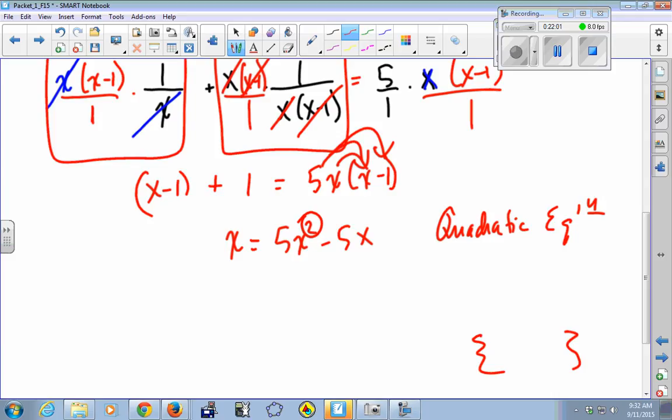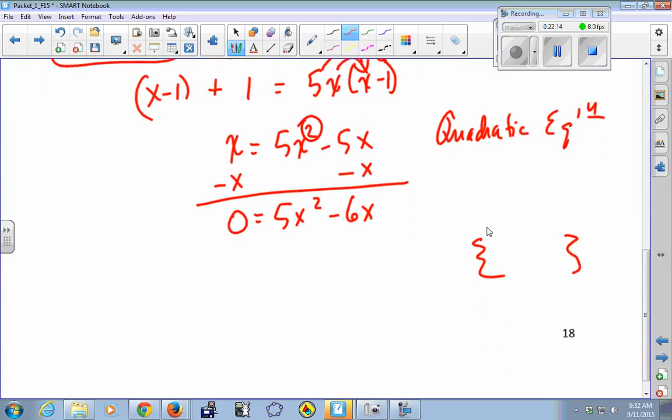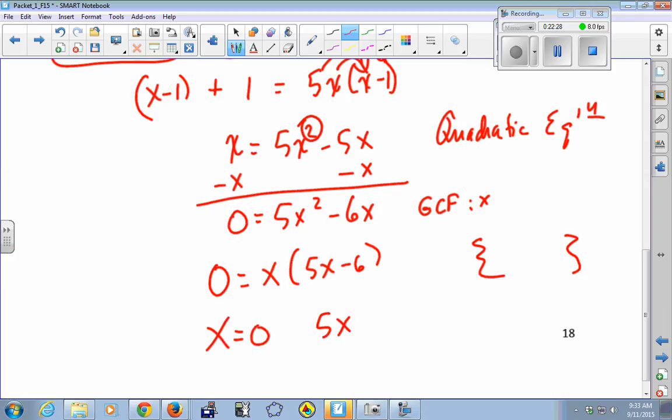So to solve this quadratic, you got to get a 0 on one side. So I'm going to subtract x from the left side and the right side. I get 0 equals 5x squared minus 6x. And to solve this quadratic equation, I want to factor the right-hand side using my greatest common factor of x. I pull my x out front, and I have 5x minus 6. And I set my 2 factors equal to 0, and I solve.